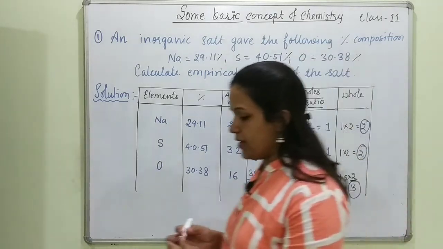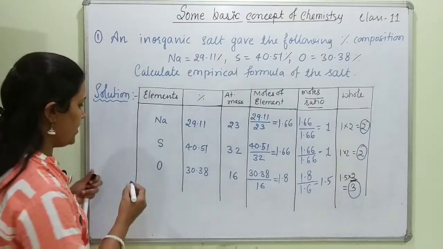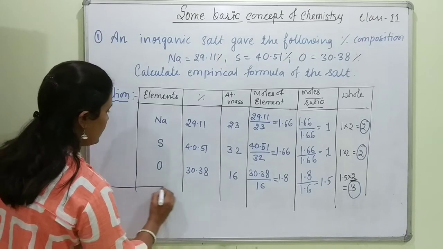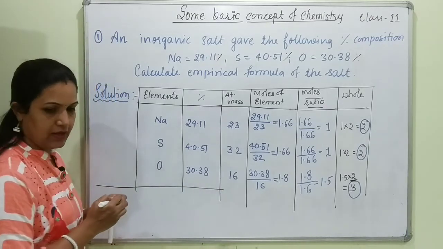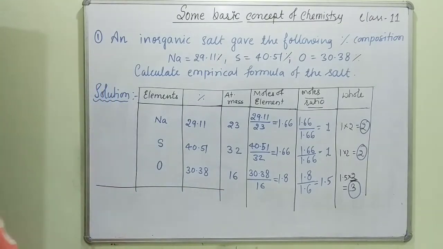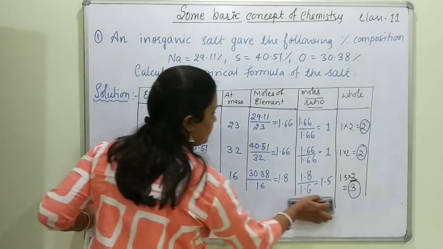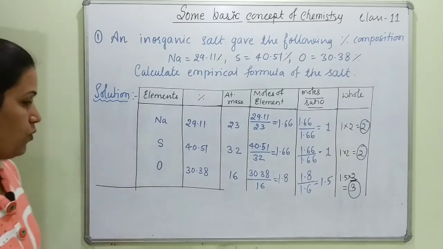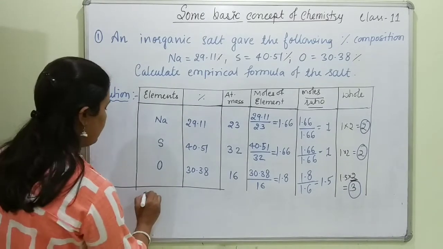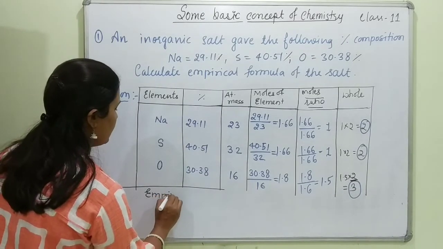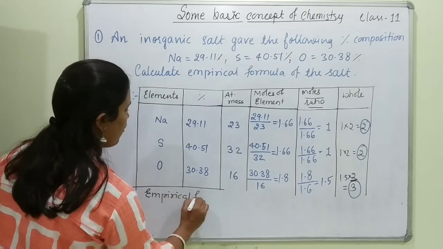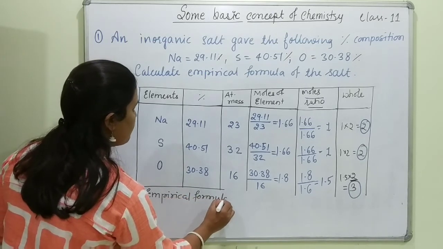Now finally we can write the answer for this. We need to write it as an empirical formula. So I'll be writing its empirical formula after getting the answer. And what is the empirical formula?